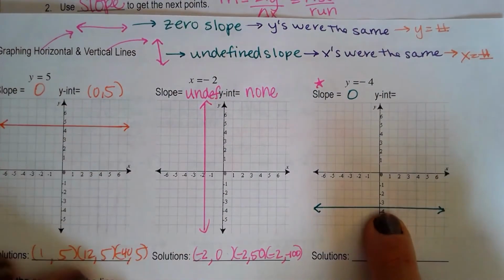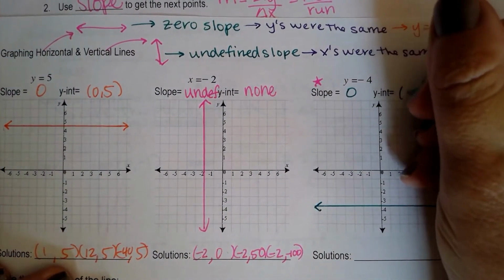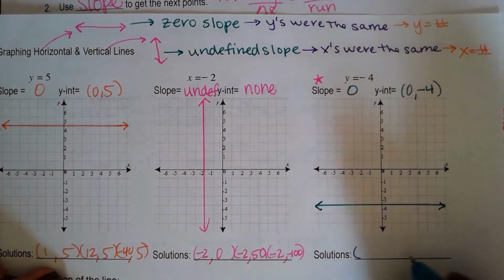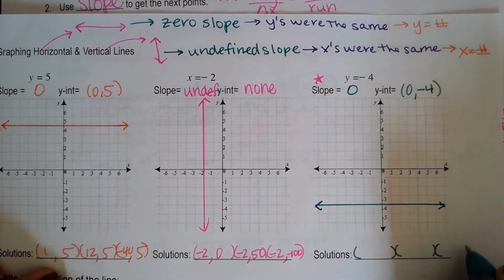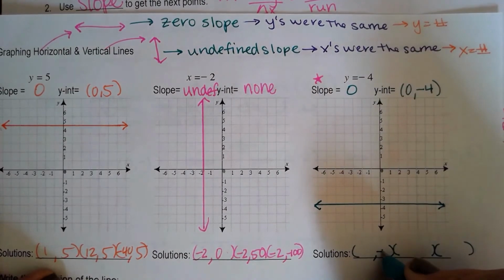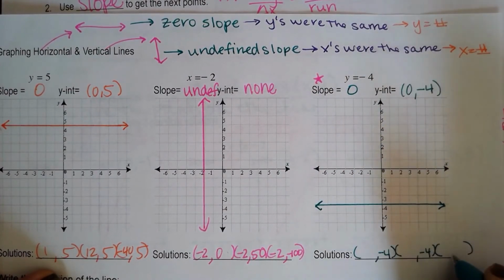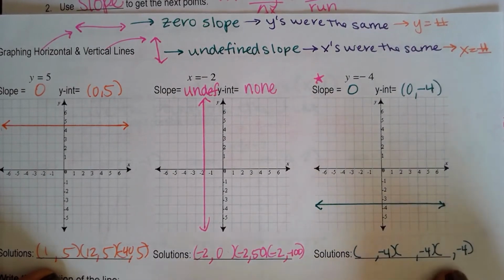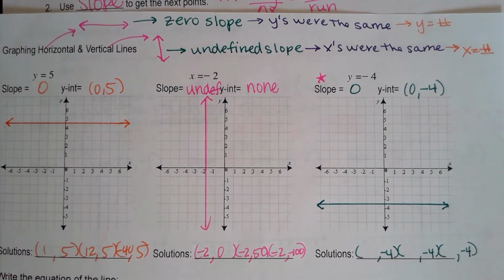It did touch the y-axis at negative 4. So 0, negative 4. You can fill in 3 ordered pairs. All of them will have negative 4 for the y value. And then you could have picked any number. I'm not going to fill those in since you did this one. Okay?